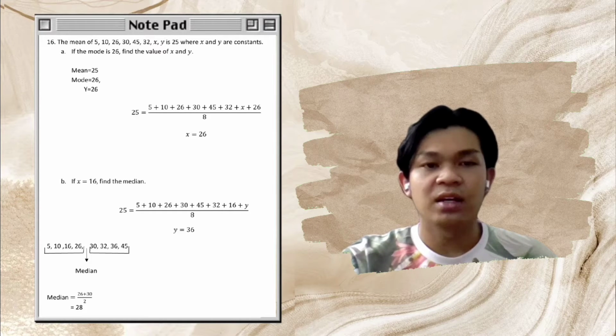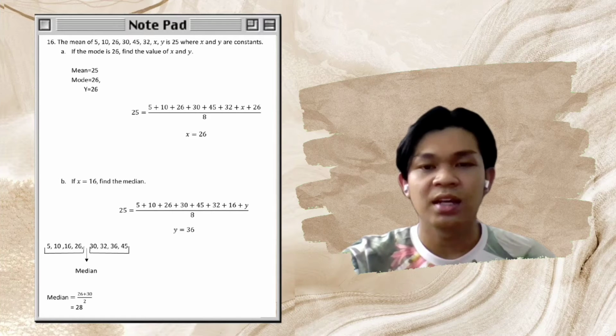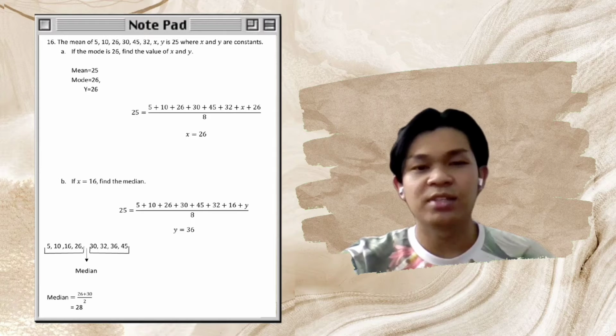So if the mode is 26, we can assume either X or Y is 26. We find the value of X from the formula of the mean: 25 equals 5 plus 10 plus 26 plus 30 plus 45 plus 32 plus X plus 26, divided by 8. So we get X equal to 26. So we know the value of X and Y is 26.